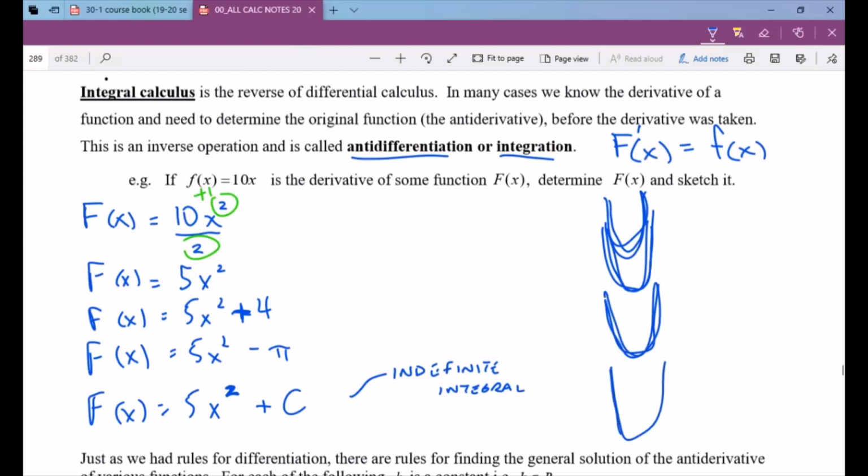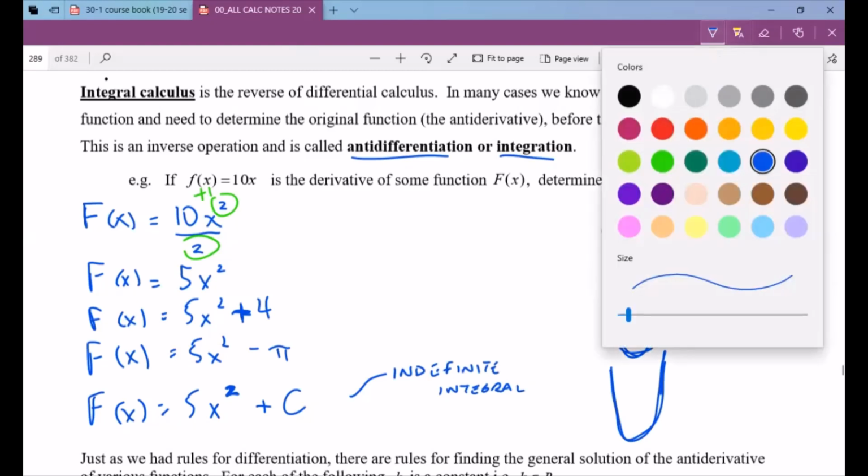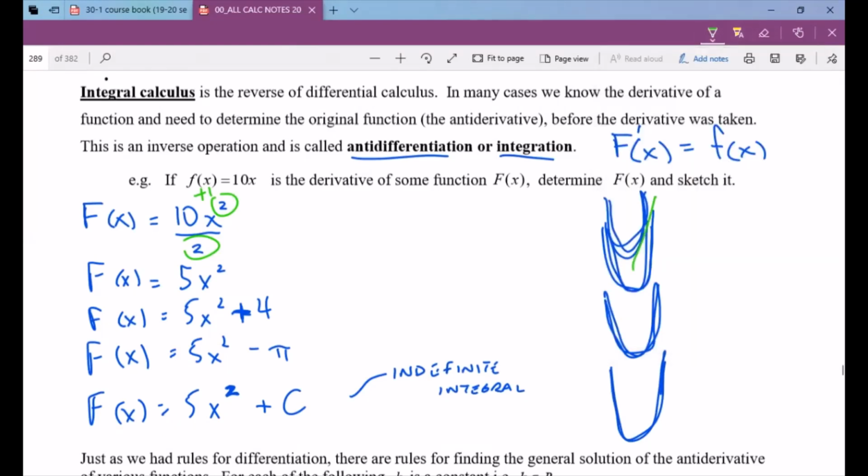And for any given x value, our slope is going to be the same on any of those. And because the slope is the same on any of those, then the derivative is the same on all of those. So when I take my derivative of 5x squared plus c, it doesn't matter what the c value is. The derivative is just going to be equal to 10x.